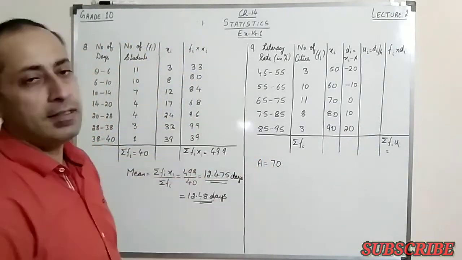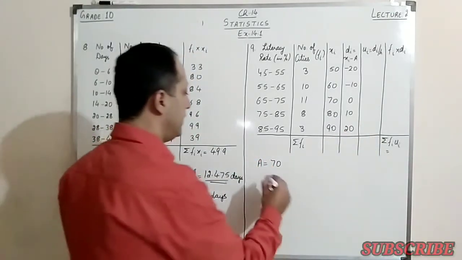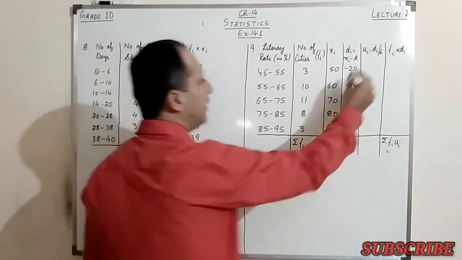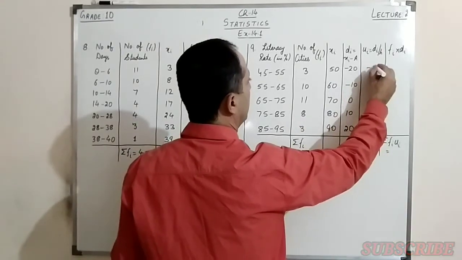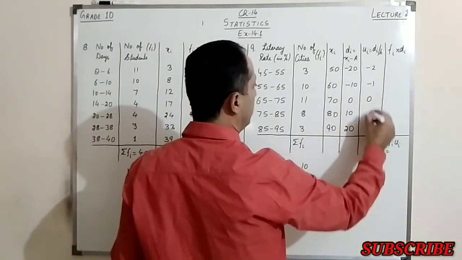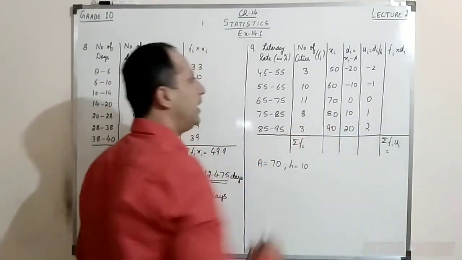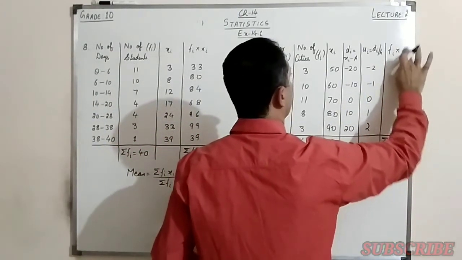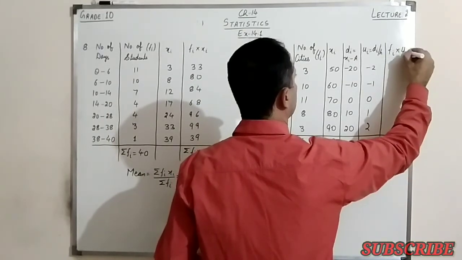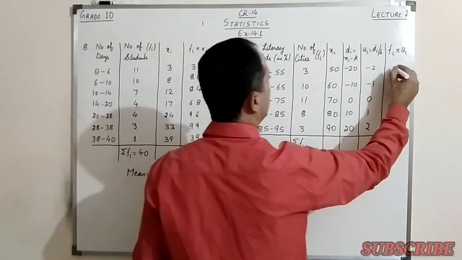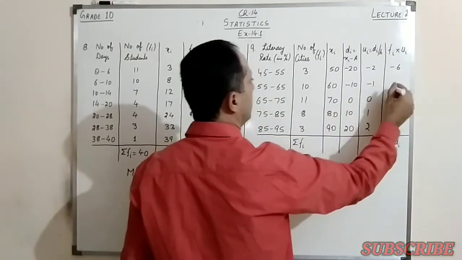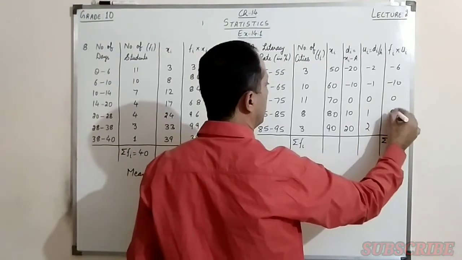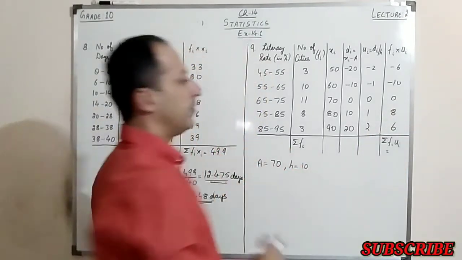Now you see the class size for all the intervals is equal to 10. So we find ui by dividing all these by 10. So we have these values. And finally, we find fi into ui. So multiply these two. This is minus 6, minus 10, 0, 8, and 6.